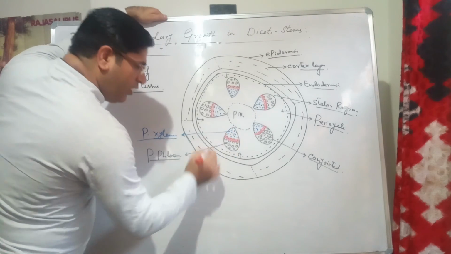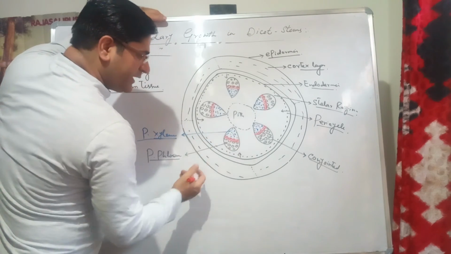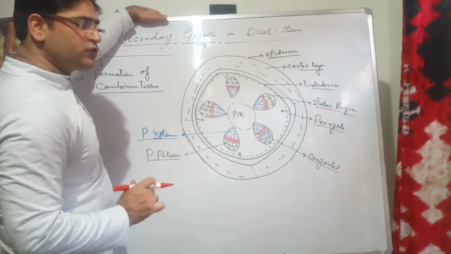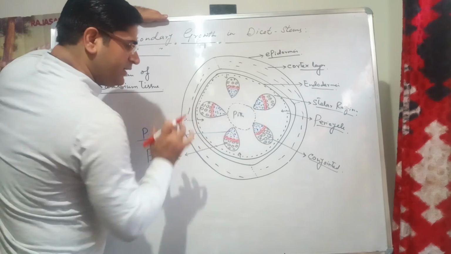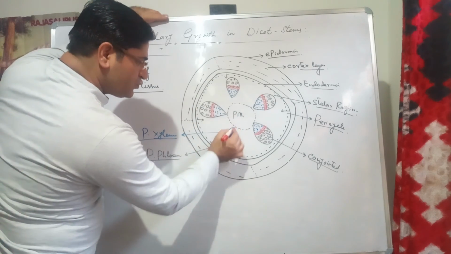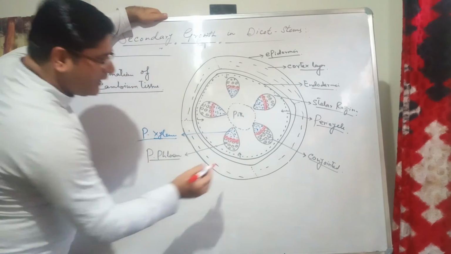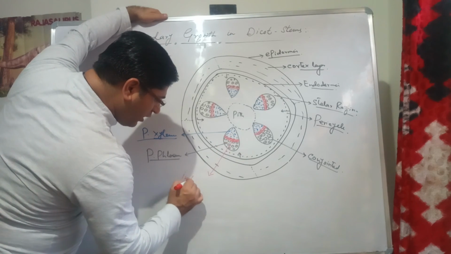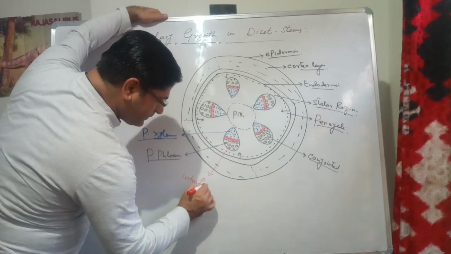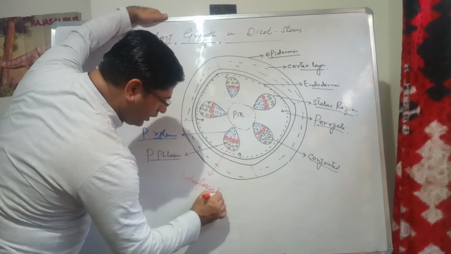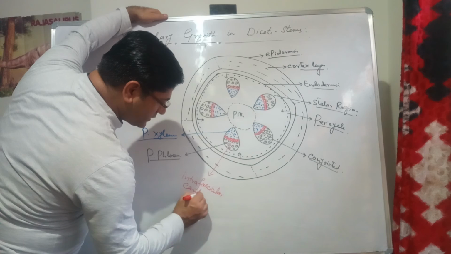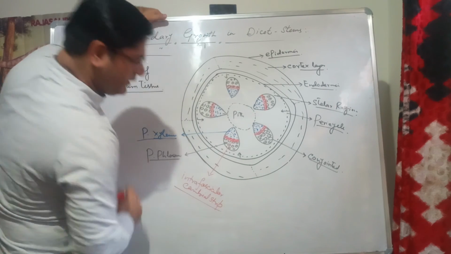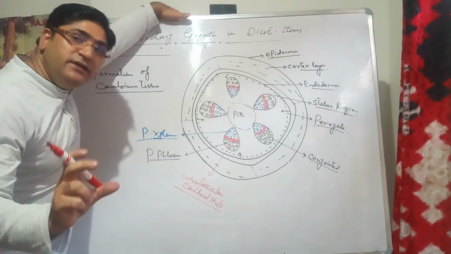This strip form, patch form of meristematic tissue which is going to be formed is a cambium tissue, formed between xylem and phloem tissue within each vascular bundle. And this cambium is known as intrafascicular cambium. It is called intrafascicular cambial strip. Remember this point, intrafascicular.